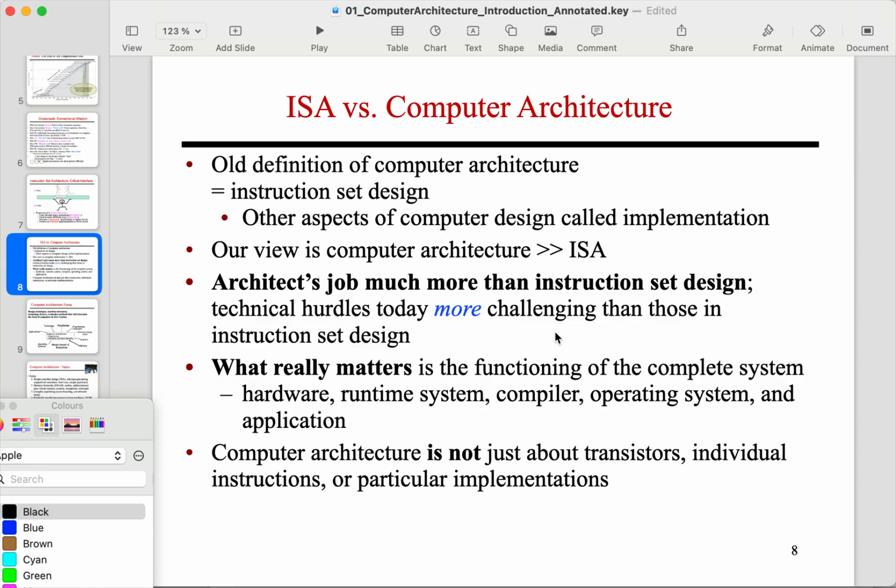Okay, so the old definition of computer architecture is instruction set design.